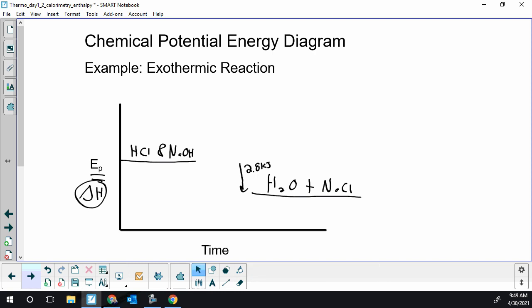So if we think of our chemical bonds, there's more potential energy in those bonds at the beginning. At the end, there's less potential energy. And that difference, that 2.8, went into the water, and we measured it.